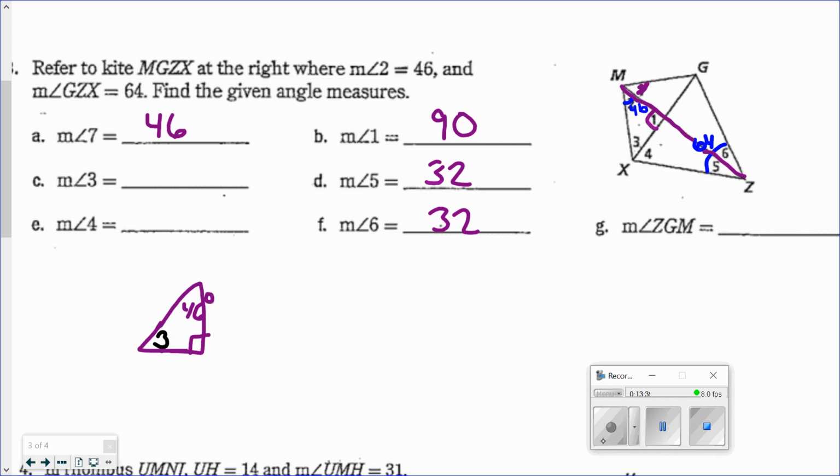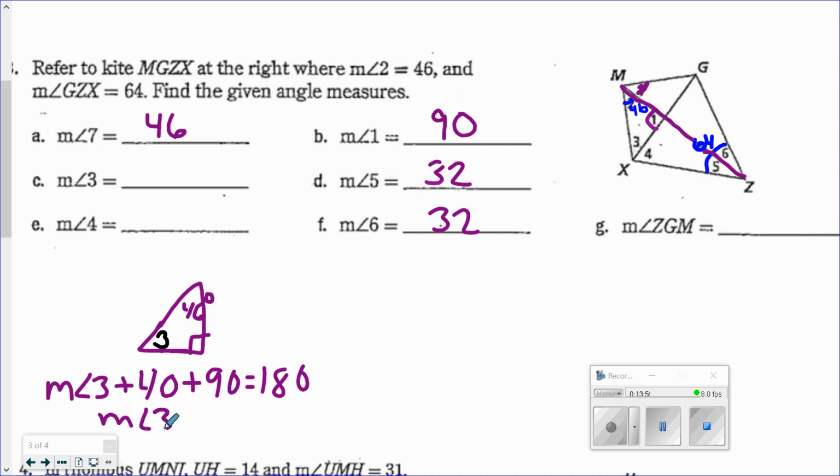I know the sum of my triangle is 180. So the measure of angle 3 plus 40 degrees plus 90 is equal to 180, which means that the measure of angle 3 is going to equal 44. So here we have 44.